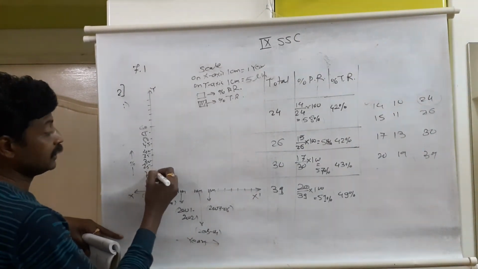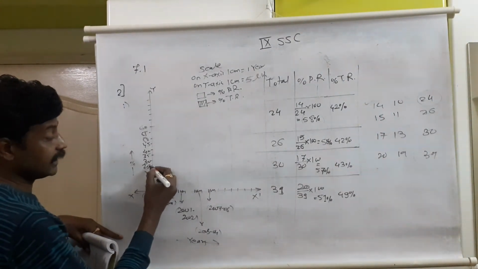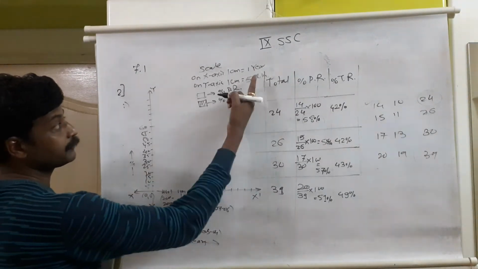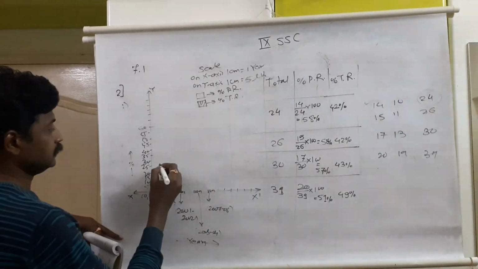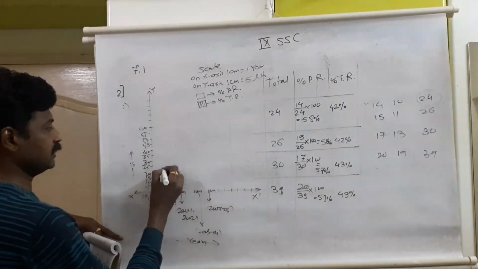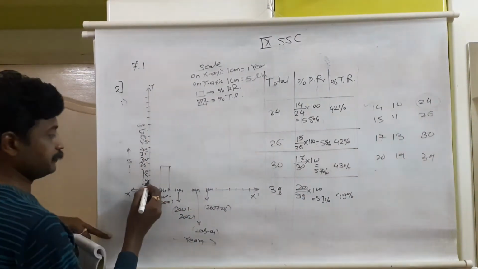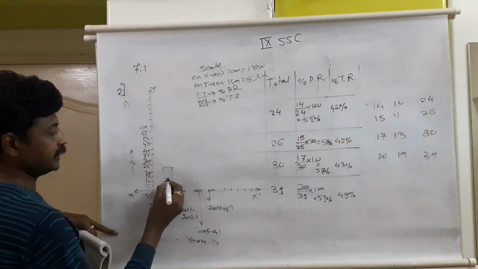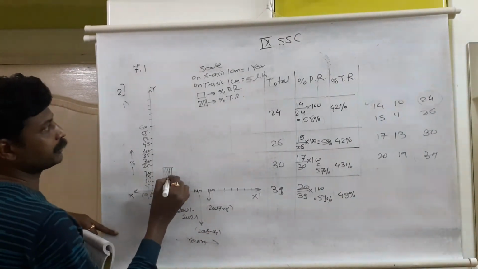Now we have 10 lines, but the scale is 10 small lines equal to 5 units, so every 2 lines will have 1 lakh kilometer. The total needs 24, so after 28 small lines, it will use 24. Out of 24, 14: after 10, 8 small lines.